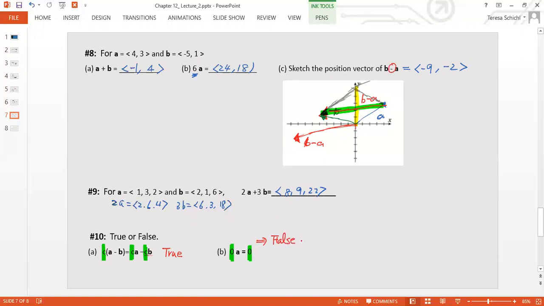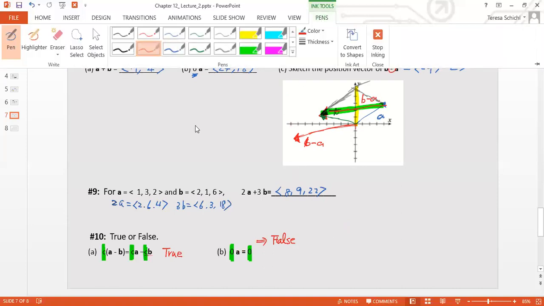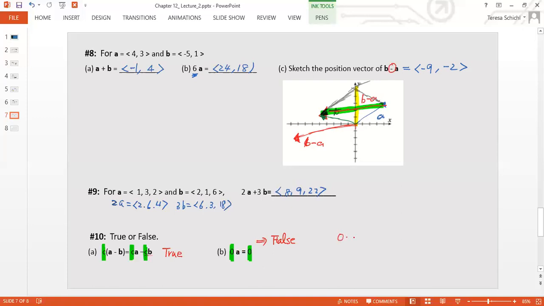Why? Because when you multiply 0 times a vector, the end result still has to be a vector. So when you say 0 times A, with A bolded, this will be the 0 vector. For example, if A is 1, 2, 3, then 0 times A will be 0 times every item, so it's 0, 0, 0.